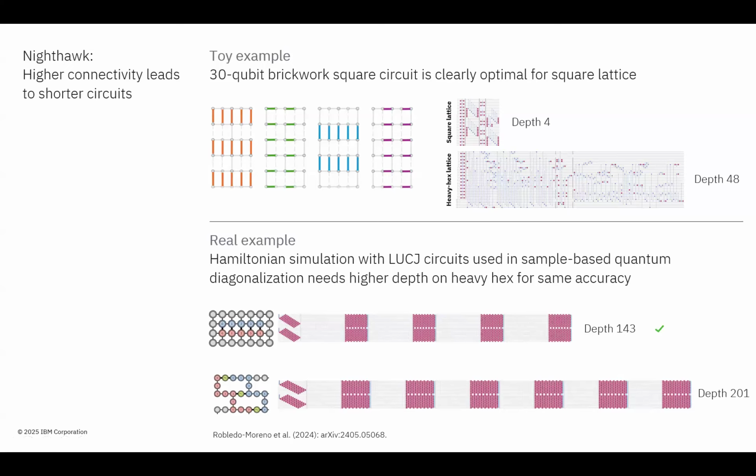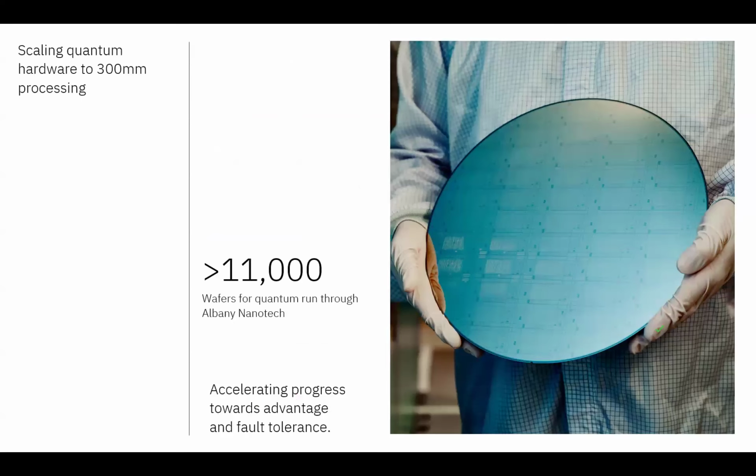Also, what we changed and introduced this year is the possibility of scaling the hardware to 300 millimeter processing. So basically, we built Nighthawk and Loon using the 300 millimeter fab line at the Albany Nanotech Center. And our devices expect an order of magnitude increase in complexity compared to Heron.